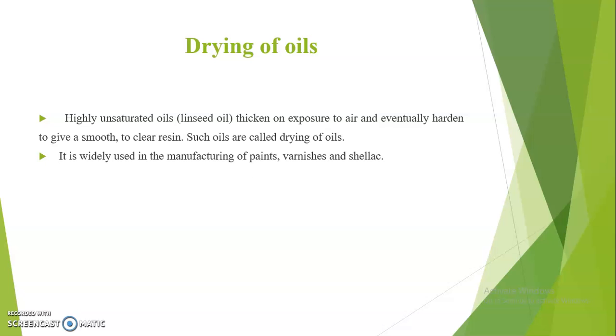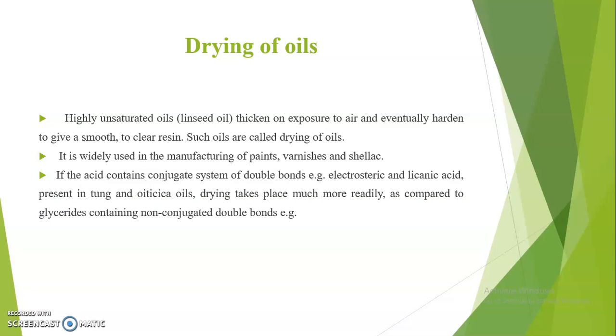It is widely used in the manufacturing of paints, varnishes as well as shellac. Means the highly unsaturated oils, because they consist of more double bonds, thicken on exposure to air and eventually harden to give the smooth and clear resin.